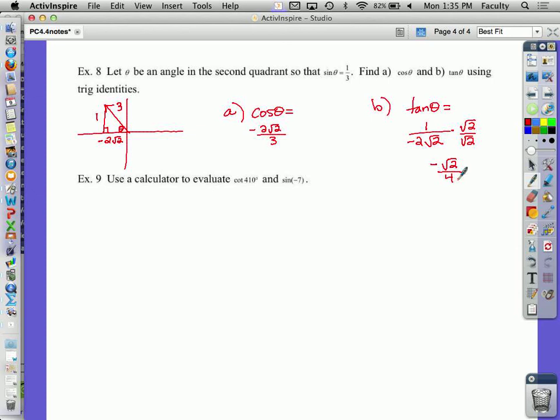Alright, then take out your calculators. And check your mode, and I want you to do the last two. And then I'll put my answers up in a moment.